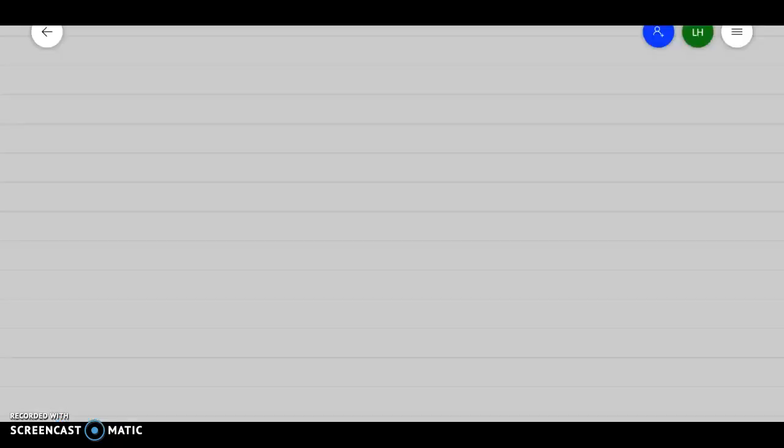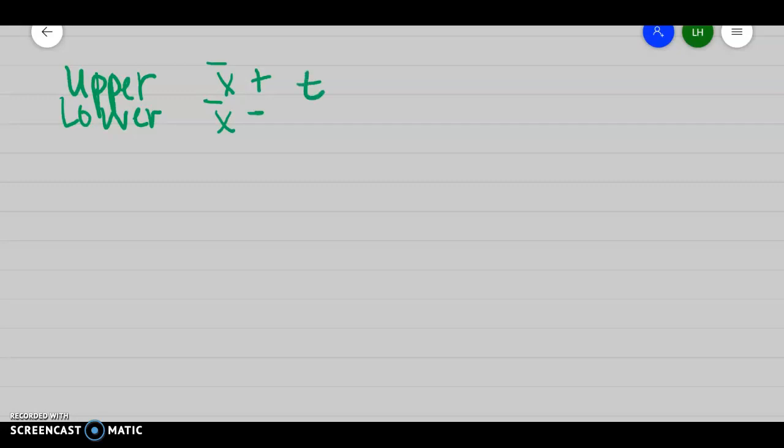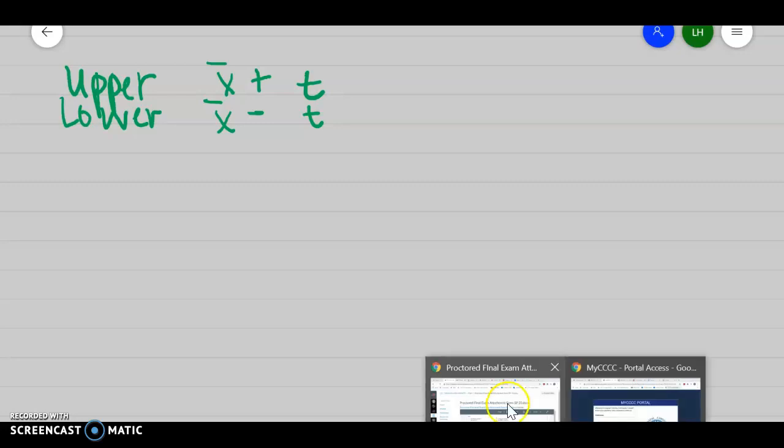So we're going to do for our upper and for our lower, we're going to take our mean. For our upper, we're going to add to it. For our lower, we're going to subtract it. And we're going to take our t value, whatever it is, times, and let me show you the last part.